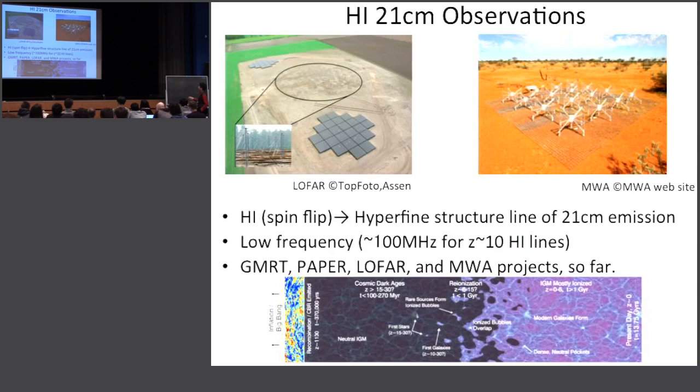This is a very famous astronomical probe. The 21 centimeter line is highly redshifted, and you can observe it in the about 100 megahertz frequency regime. Many experiments are being made, including GMRT, PAPER, LOFAR, and MWA so far.